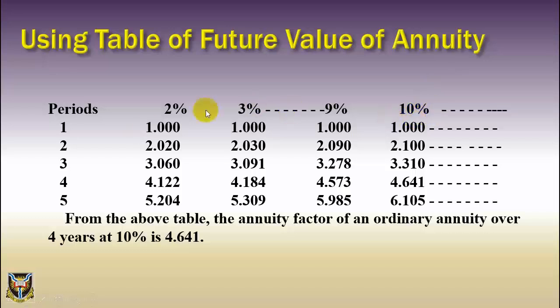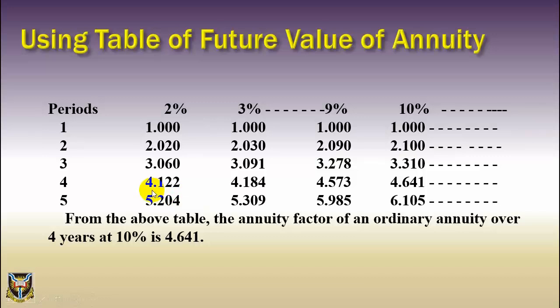Period 1: 1.000 at 2%, 1.000 at 3%, 1.000 at 9%, 1.000 at 10%. Period 2: 2.020 at 2%, 2.030 at 3%, 2.090 at 9%, 2.100 at 10%. Period 3: 3.060 at 2%, 3.091 at 3%, 3.278 at 9%, 3.310 at 10%.